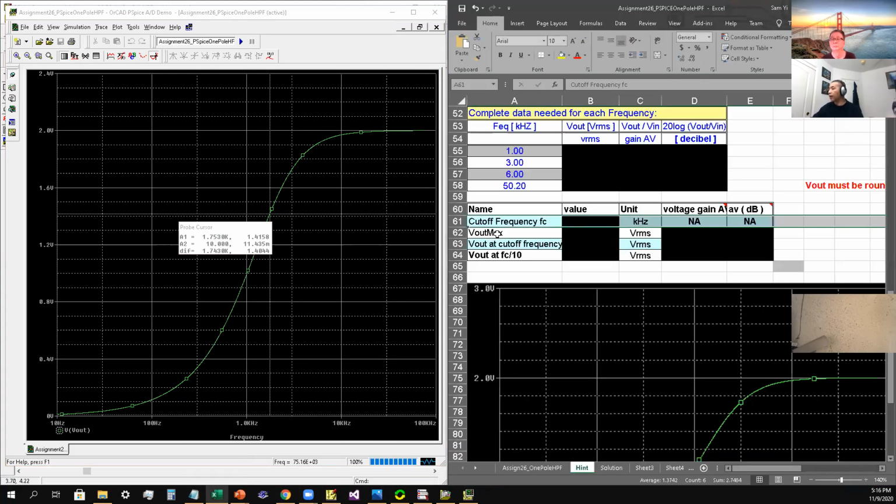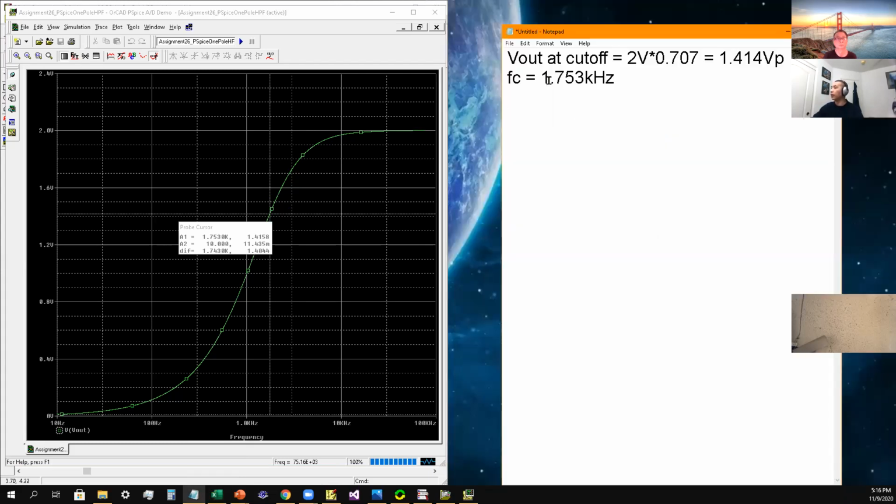All right, so let me go back into the Excel. So that's the cutoff. Now we look at when it's dropping, when you're going down by a factor of 10. So FC divided by 10 would equal this divided by 10.